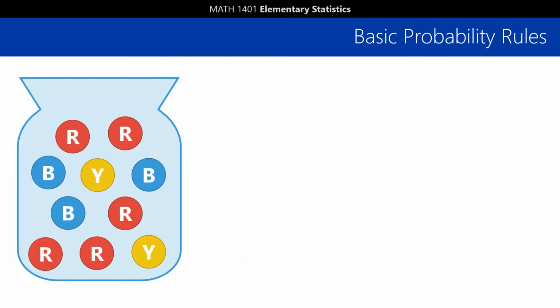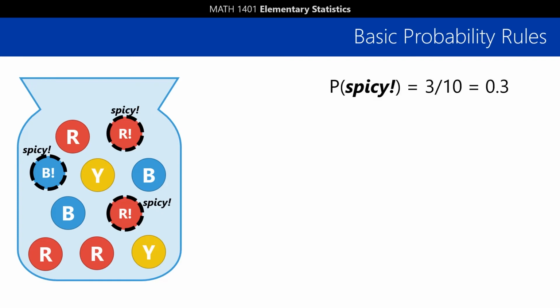Now, let's add a little twist to our gumballs. See, what I didn't tell you is that, actually, 3 of the gumballs in this jar are spicy. That's going to make it interesting when you and your friends pick one out to try, since now there's a 3 out of 10 chance that you get a spicy gumball. Let's see what else we can figure out with this new information.